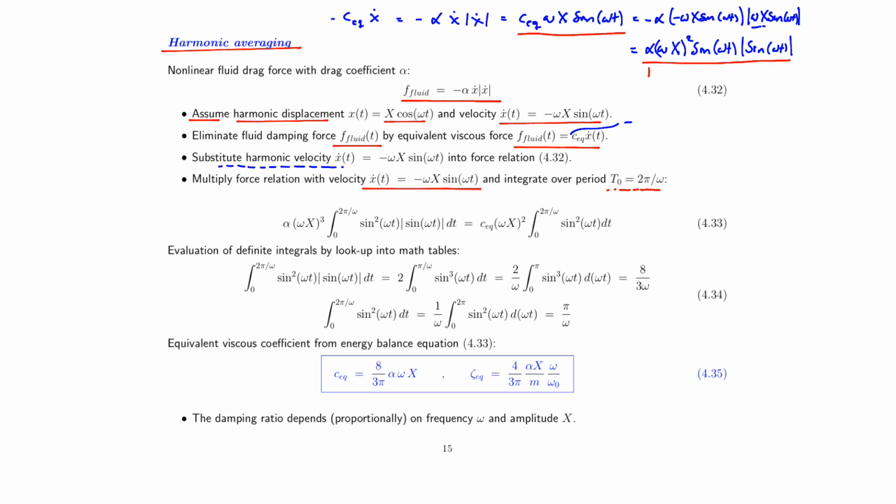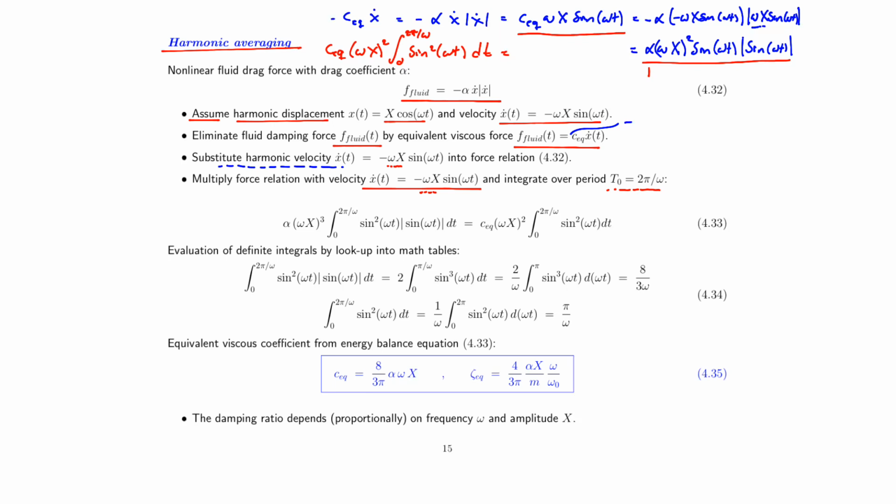Now this involves a period on the left hand side that becomes equal to C equivalent. Then we multiply by omega capital X, that means we have omega capital X squared. Then we have an integral over the period, and inside we have a sine function squared omega t dt.